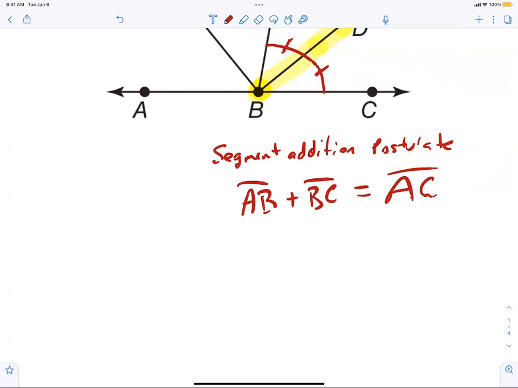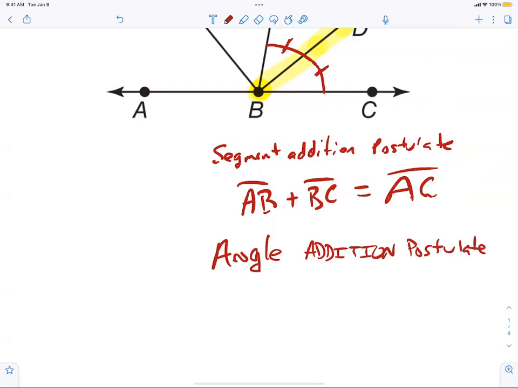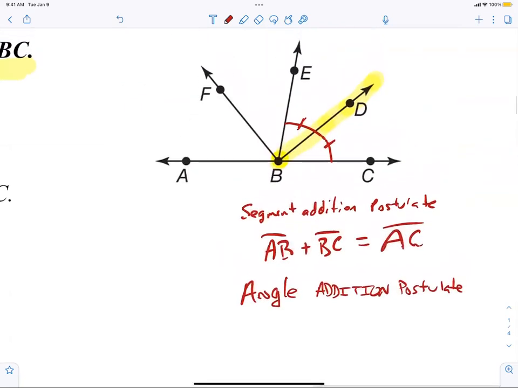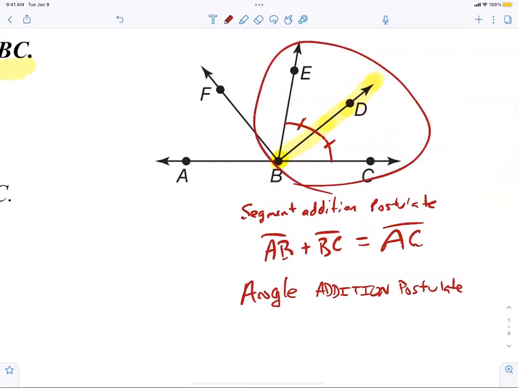Because the new postulate today is the angle addition postulate. So tell me, use the angle addition postulate with EBC with this right here.